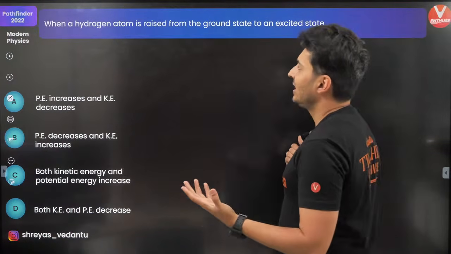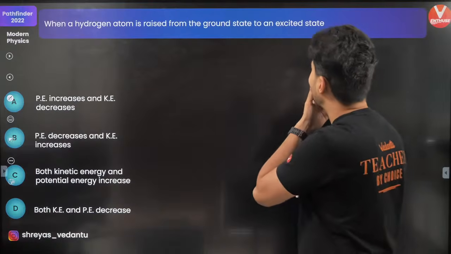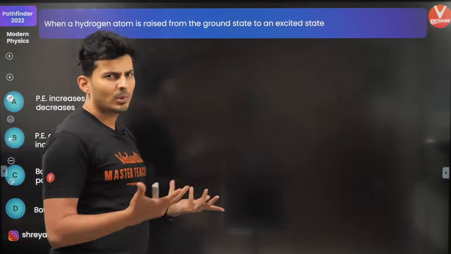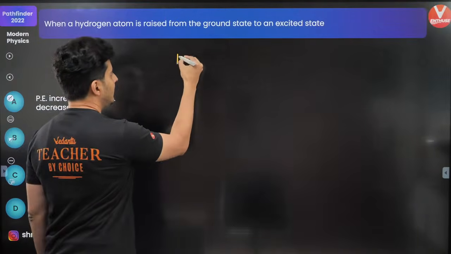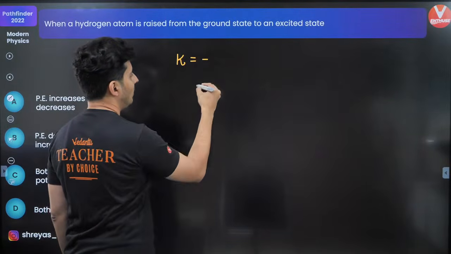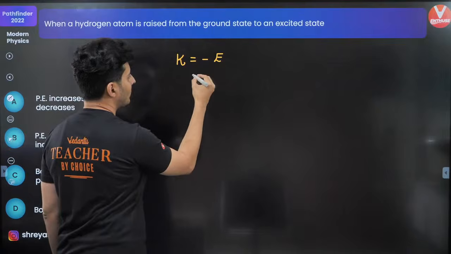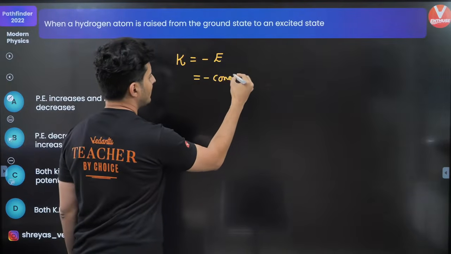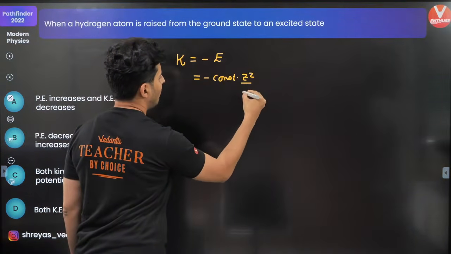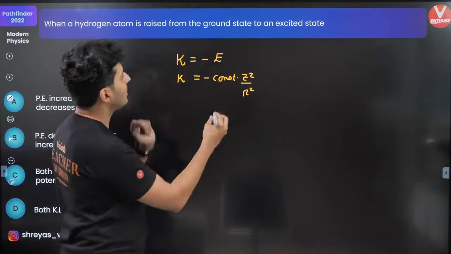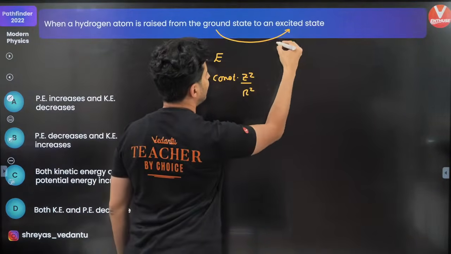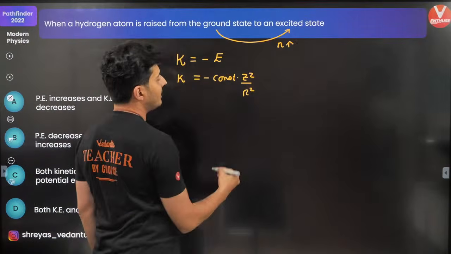So what happens when a hydrogen atom is raised from ground to its excited state? Well, that's simple. Recollect, kinetic energy is the negative of the total energy, and total energy is some constant into z square by n square. So if it goes from ground state to excited state, the value of n increases.